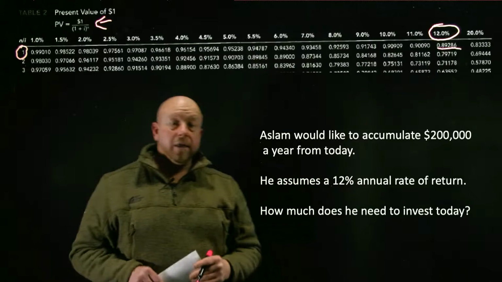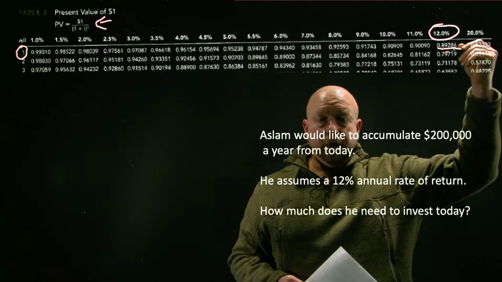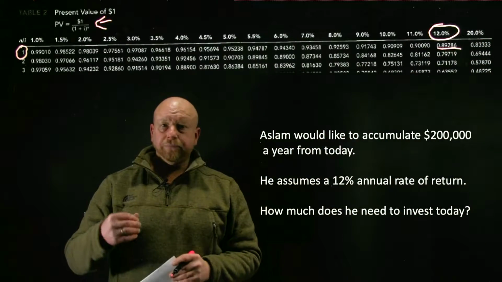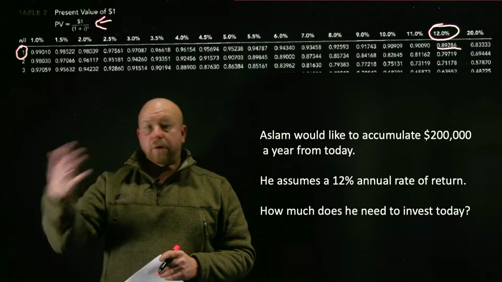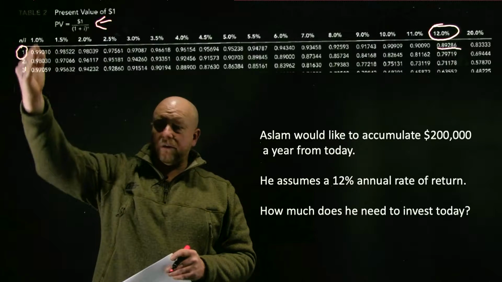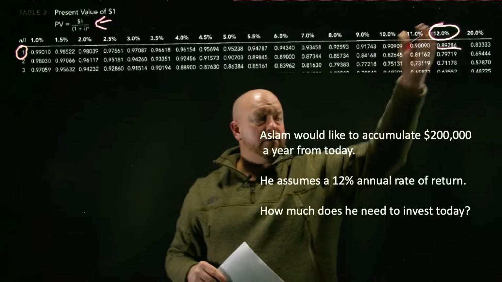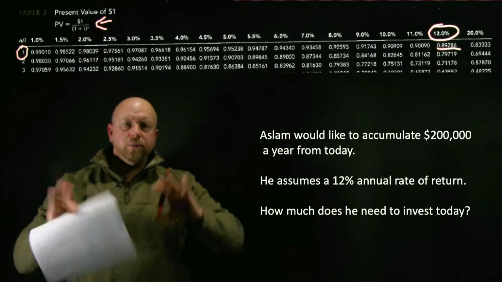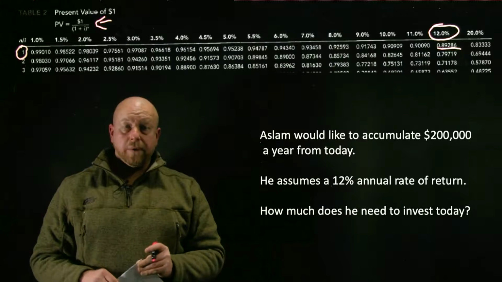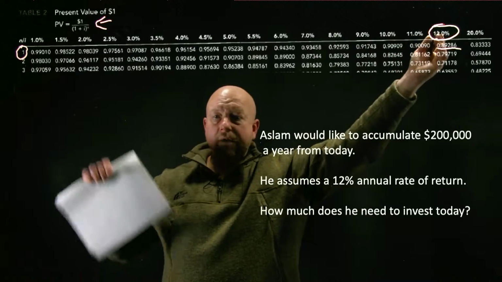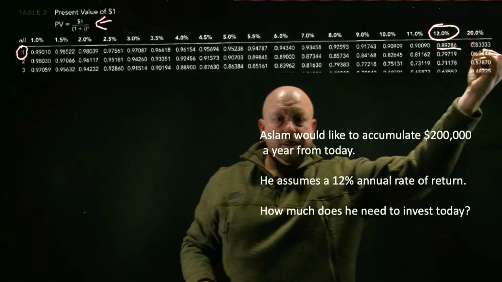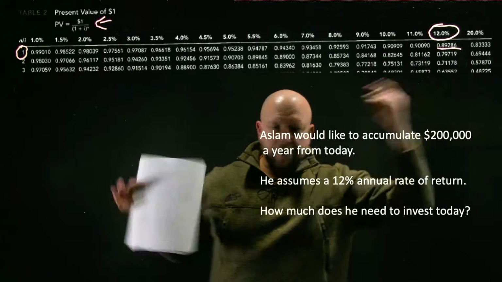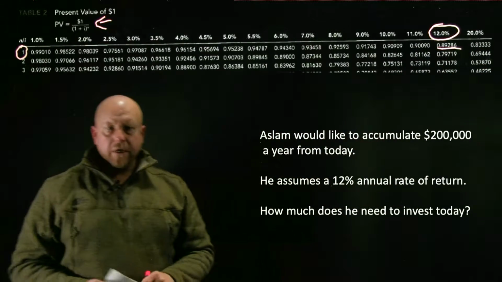Now, keep in mind, this is interest rate per period. If your compounding periods are not annual, if they're quarterly, monthly, whatever, then you have to increase the number of periods and decrease the rate accordingly. But for this purpose, we're just going to assume annual compounding. 12% interest rate, 1 year in the future. The present value factor is 0.89 and some change right there.